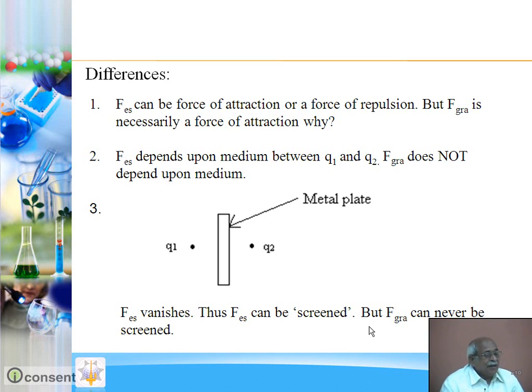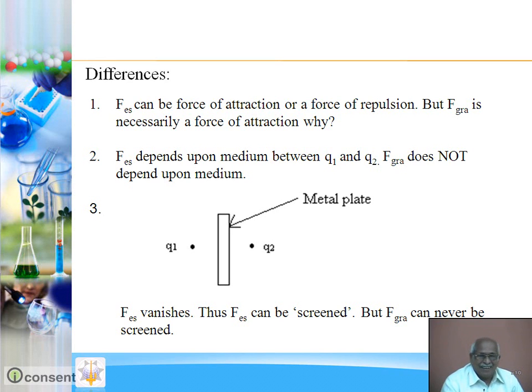See the differences here. First thing is electrostatic force can be either a force of attraction or force of repulsion, depending upon whether charges are similar or opposite. But gravitational force is always force of attraction.